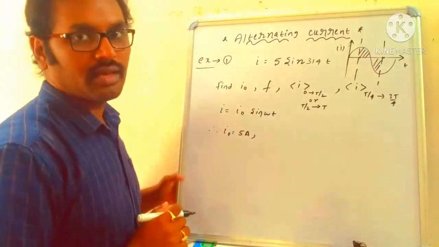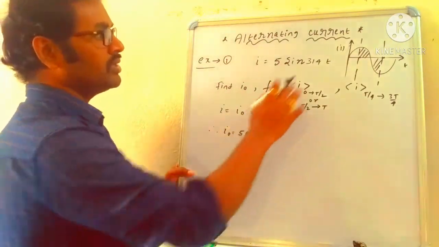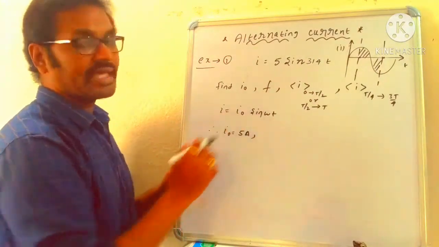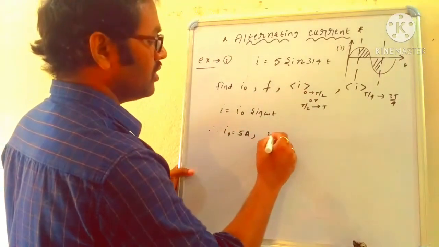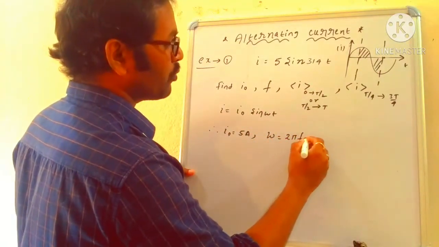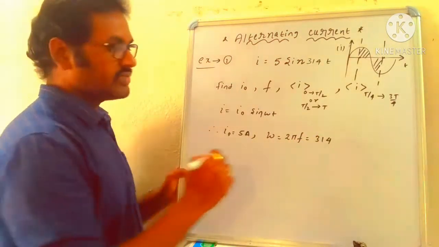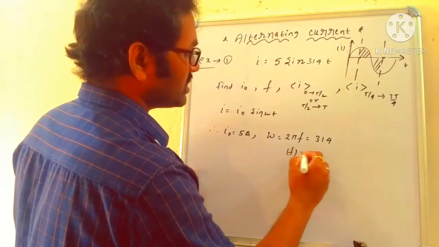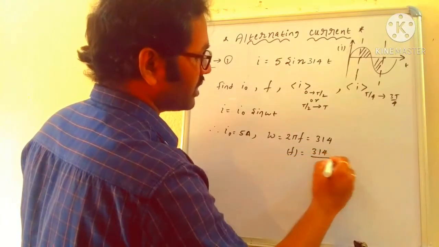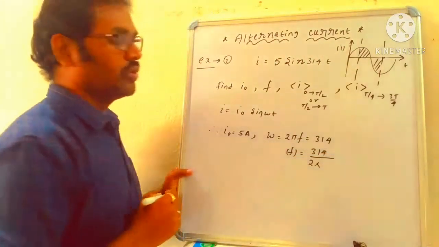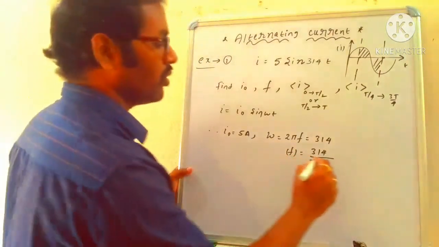The second one is the frequency. So what is 314? It is the angular frequency. We can write omega is equal to 2 pi f, which is equal to 314. With this we can write frequency is equal to 314 divided by 2 into pi, which is 3.14.